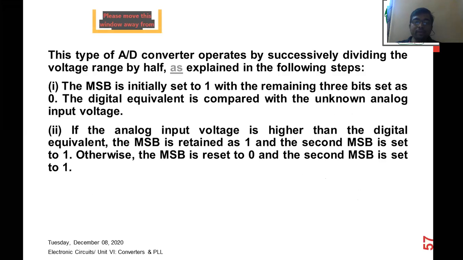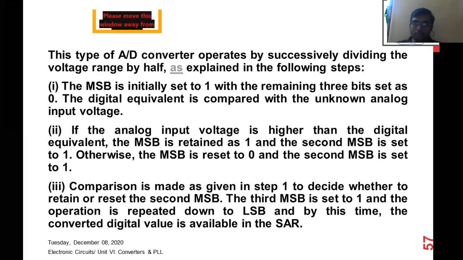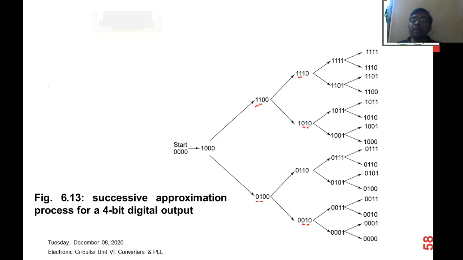In this way, conversion is performed, and a comparison is made as given in step 1 to decide whether to retain or reset the MSB, second MSB, third MSB, and so on, down to the LSB. By this time, the converted digital value is available in the successive approximation register.